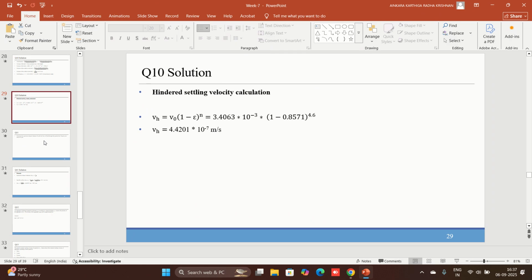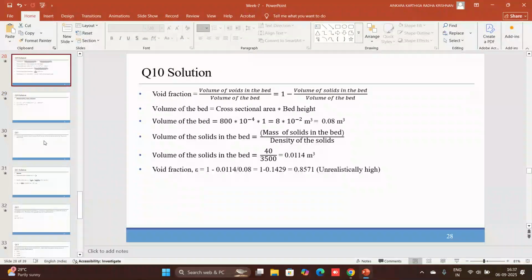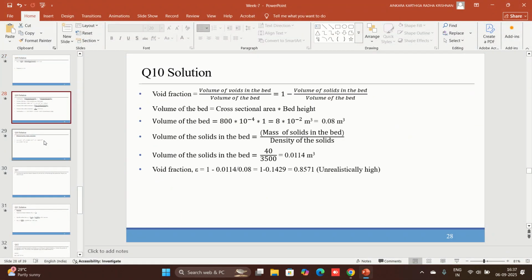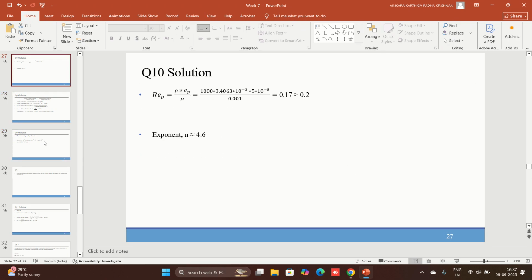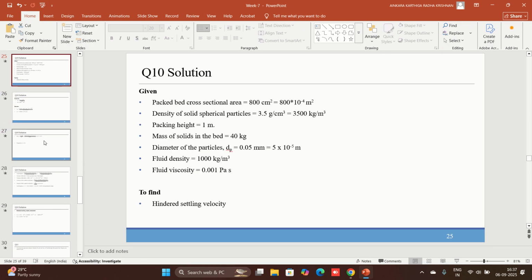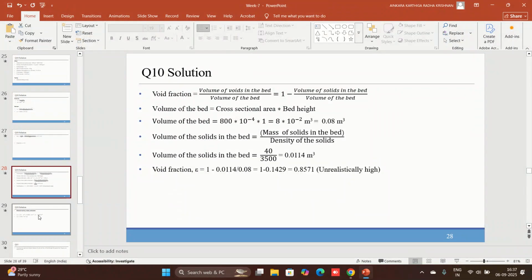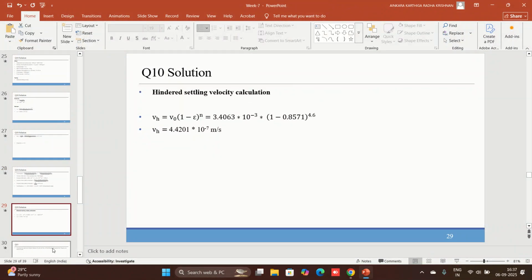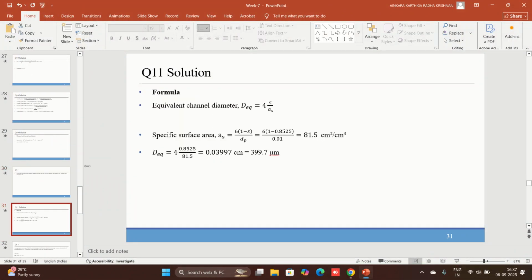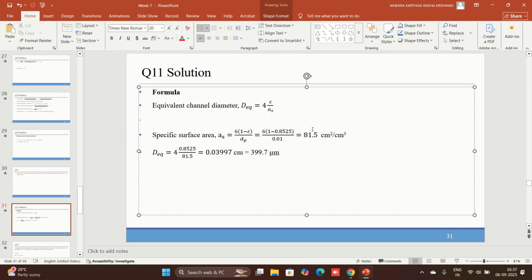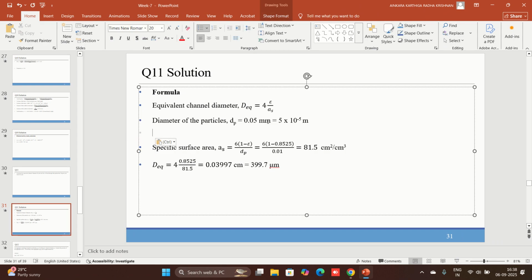So what was the diameter of the particle? dp is equal to 0.05 mm or 0.005 centimeter.